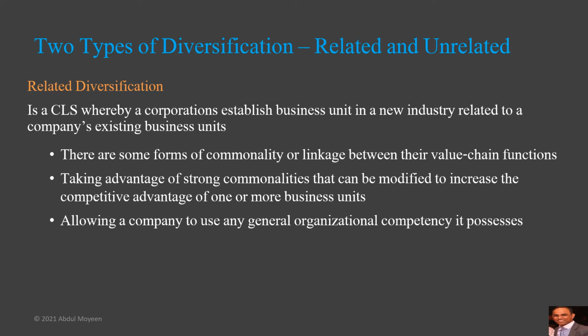The goal of this strategy is to obtain the benefits from transferring competencies, leveraging competencies, sharing resources, and bundling products. One more advantage of related diversification is that it can also allow a company to use any general organizational competencies it possesses to increase the overall performance of all its different industry divisions.